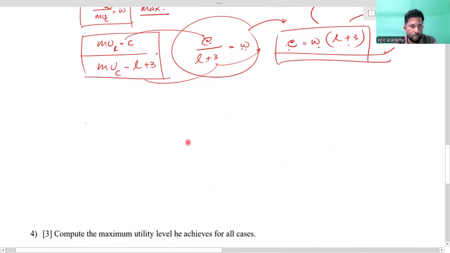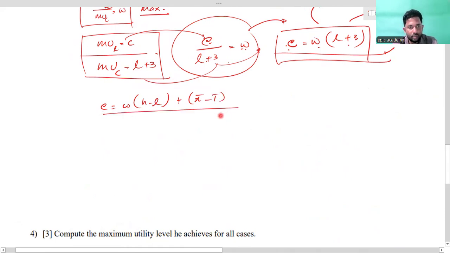I mean C equals W times H minus L plus phi minus T. This is the budget constraint.